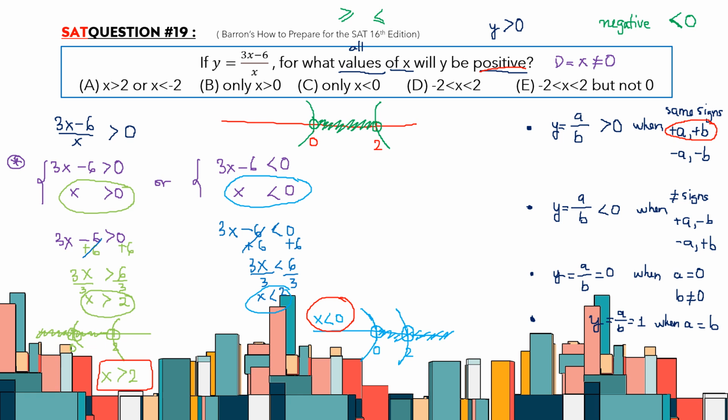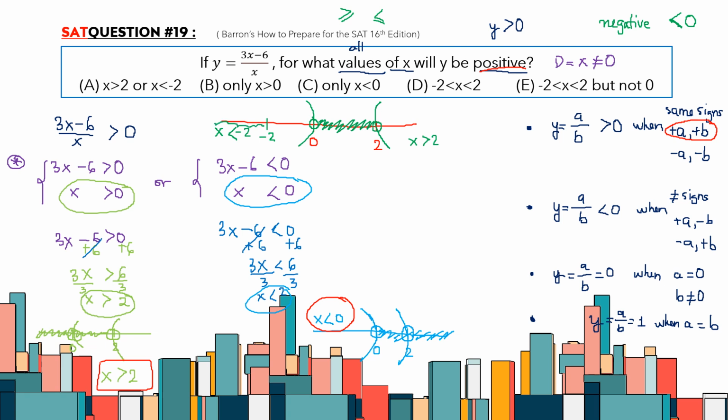Now we look back into our multiple choice. Which one is the most right answer? Let's do A. We have x greater than 2. Yes, here is x greater than 2, or x less than negative 2.